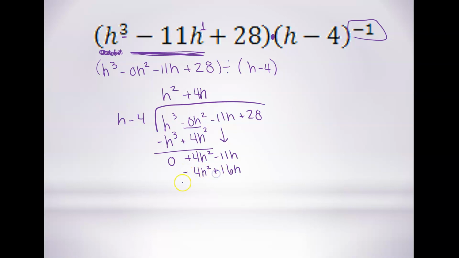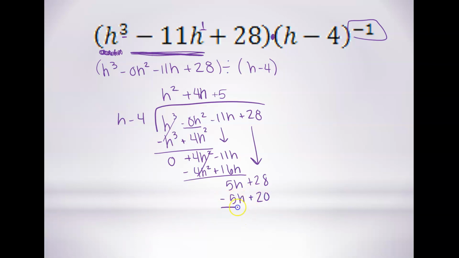Change our signs. The first term should always pretty much zero out. And then you get 5h, and we're going to bring down that 28. So what do you multiply h by to get 5h? You multiply by 5. And then you multiply that 5 back to those terms out in front. So you get 5h minus 20.